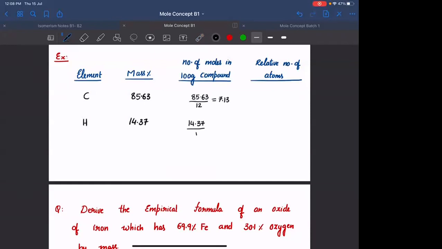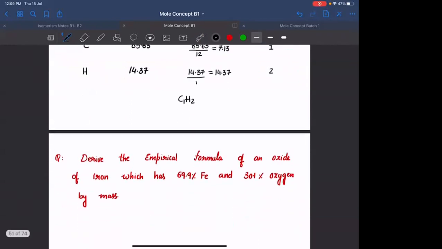Okay, इसका वैल्यू 14.37. Dividing by 7.13, ये 1 होगा, and the other almost 2 times. So yes, it is C1H2.